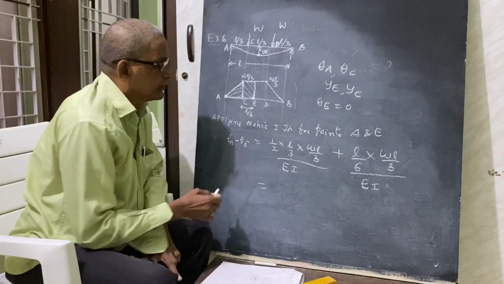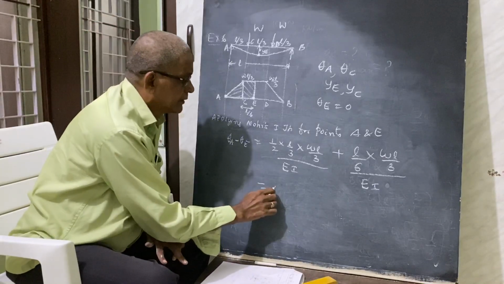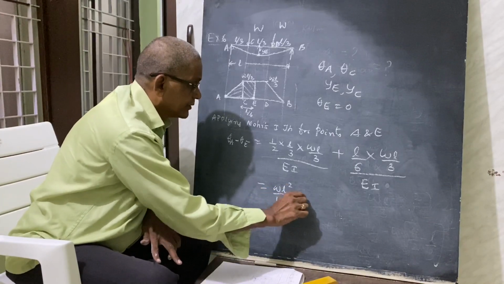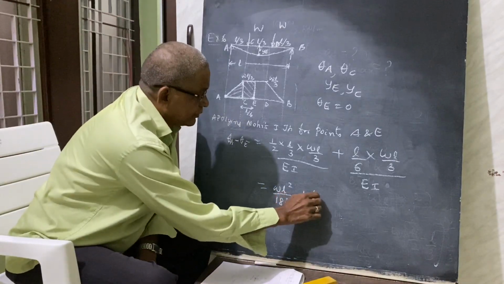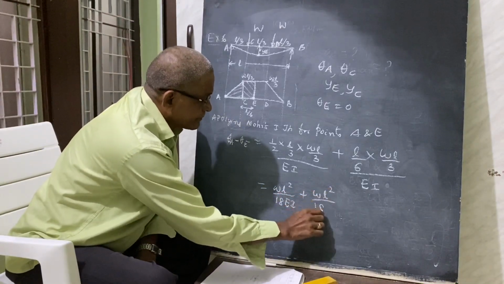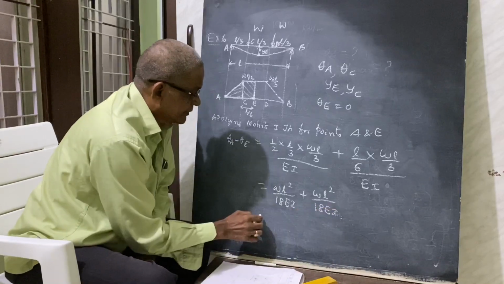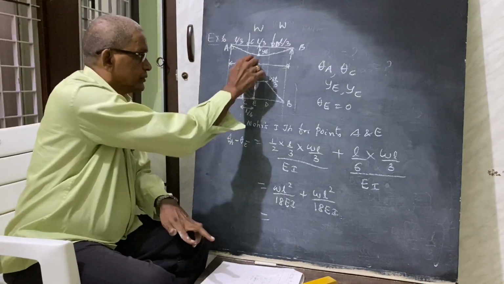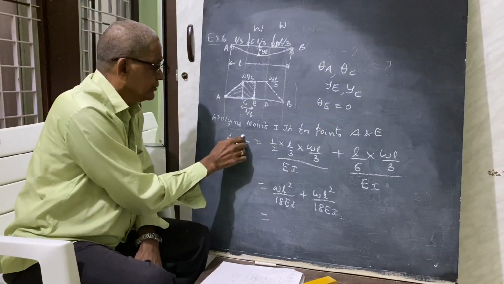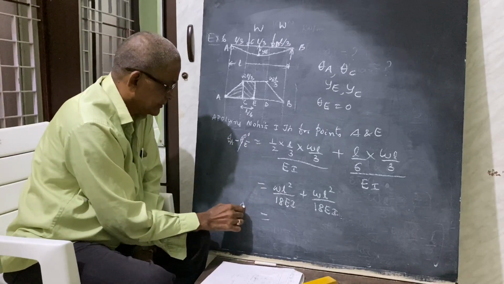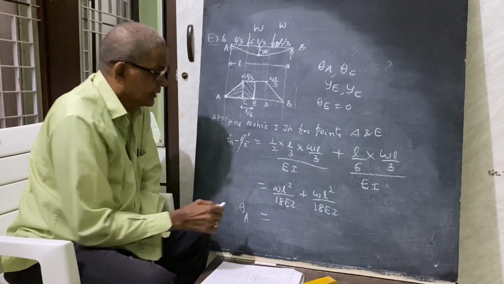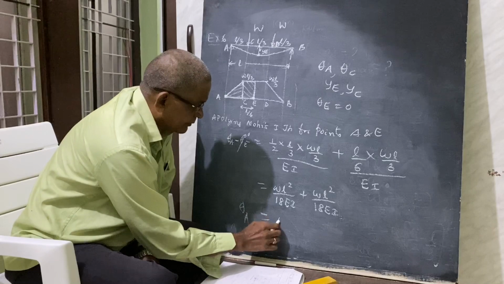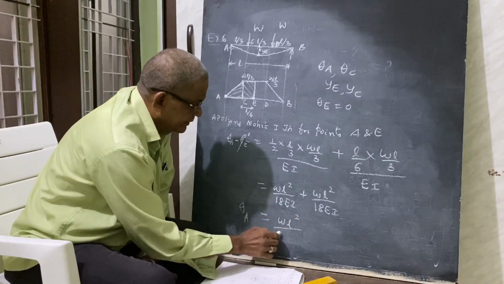That will be equal to WL square by 18 EI plus WL square by 18 EI. And you know that slope at E is 0. We will have theta A equal to, adding up these two things, WL square by 18 EI plus WL square by 18 EI, which is WL square by 9 EI.